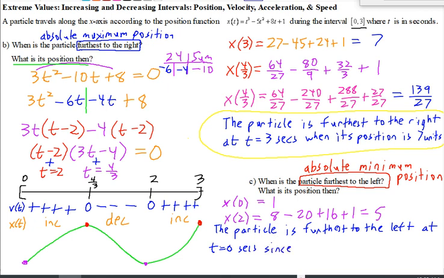If you did have to justify, it would be since x of 0 is less than x of 2. Or on the previous part, it would be since x of 3 is greater than x of 4/3, but it didn't ask to justify. It asks for the position, so you can say when its position is 1 meter.